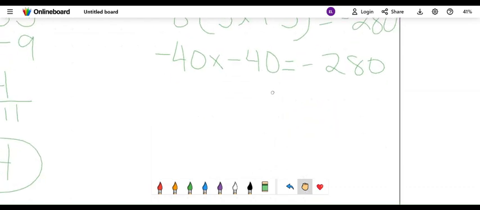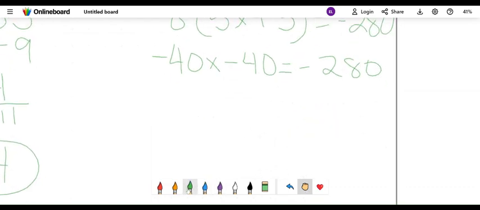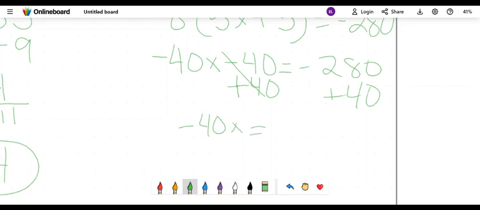Okay, so as usual, we have to isolate the variable. We add 40 to both sides. You just cross it out, cancel it out, and bring down negative 40x equals negative 240.